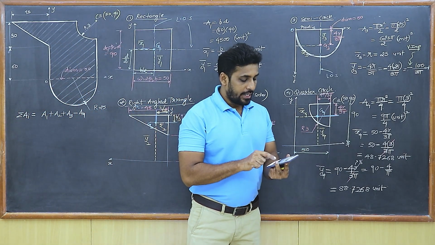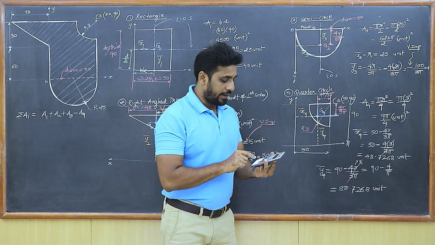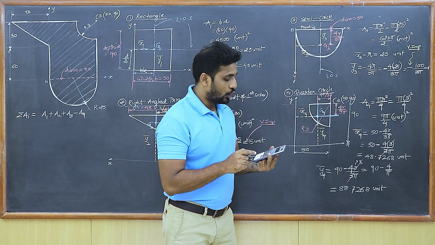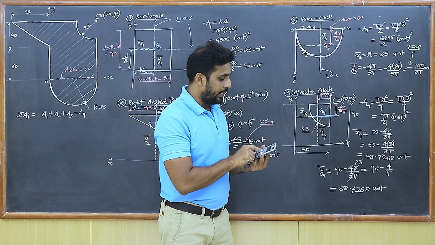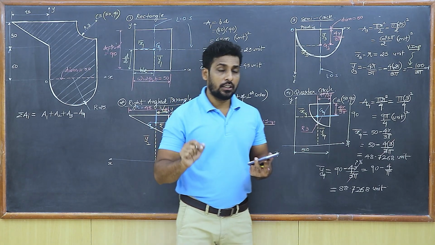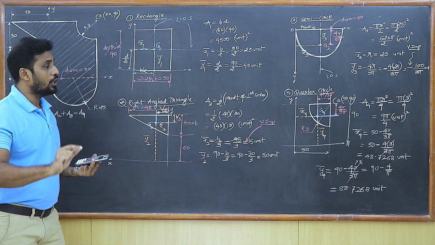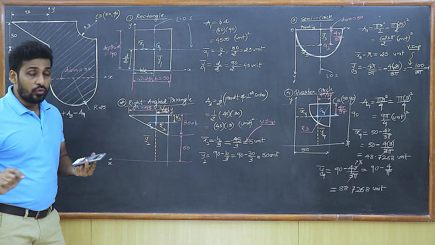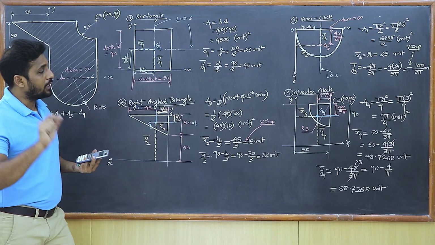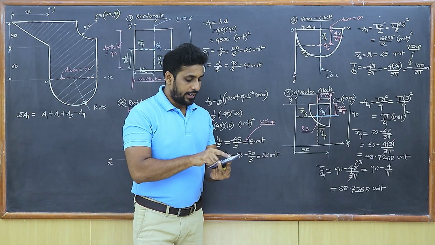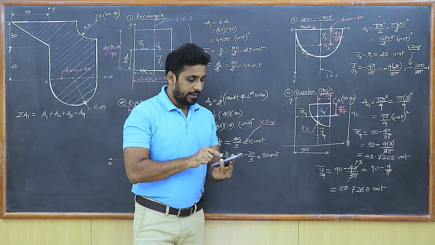So A3 is going to be 625 pi divided by how much it is? It is 2, so I write 2 in the denominator, and then minus, this is very important, you need to do negative of the area because quarter circle is removed from the entire composite shape. So that's minus of 9 pi upon 4. So I write here 9 and then pi divided by 4.